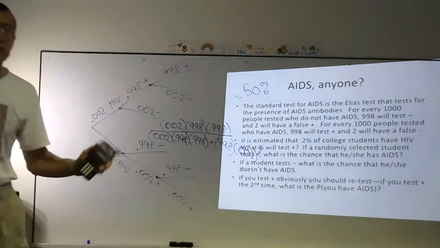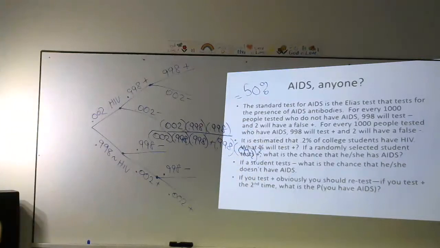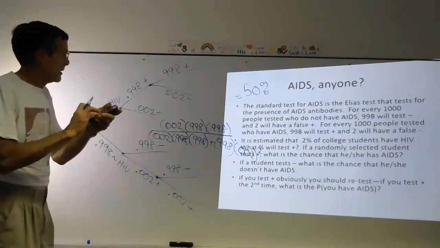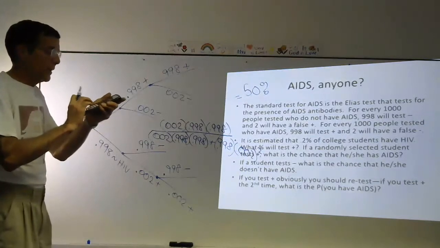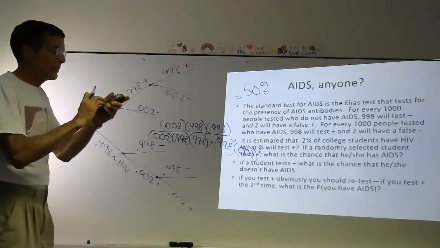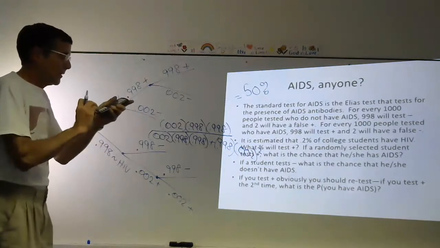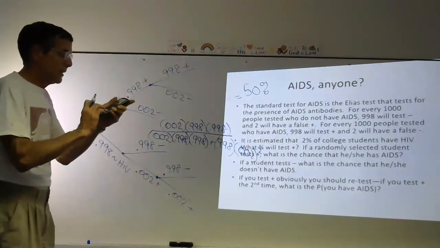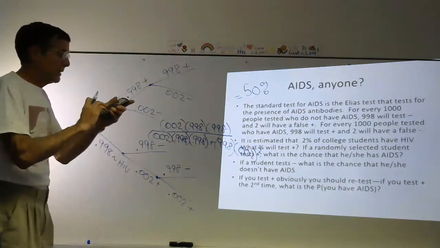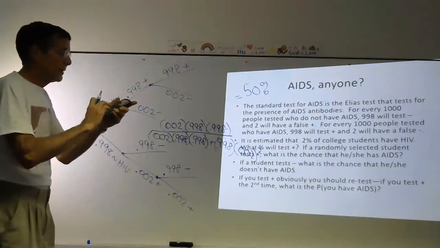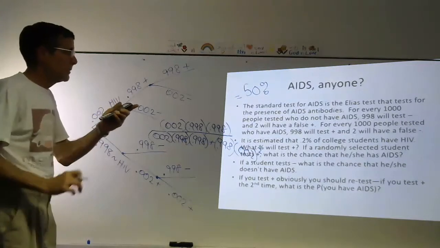Okay, now remember what this is. You're testing the second time. You've already tested positive. So let's do the math here. Okay. 0.002 times 0.998 times 0.998 equals, divided by parentheses, 0.002 times 0.998 squared plus 0.998 times 0.002 squared, close your parentheses, equals.